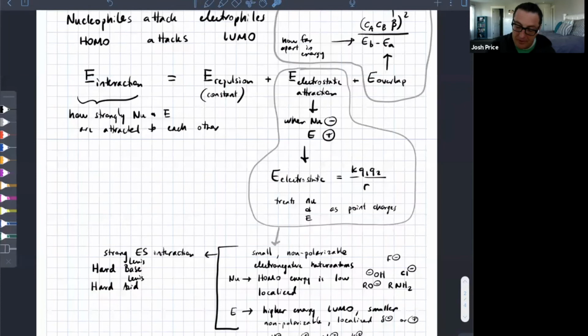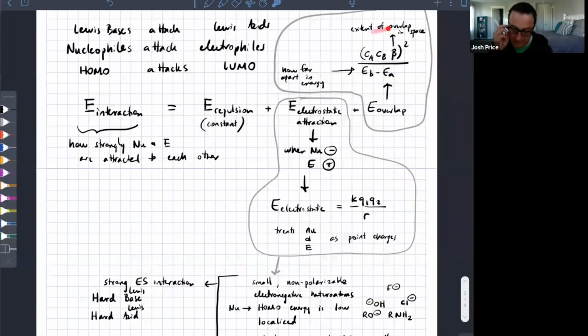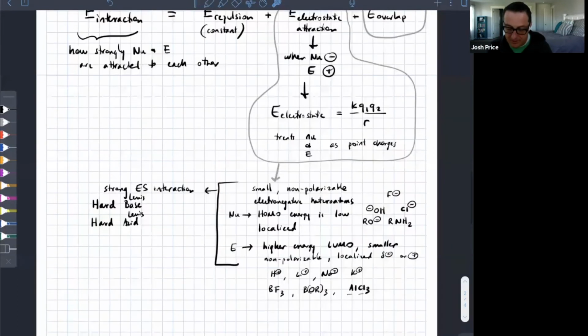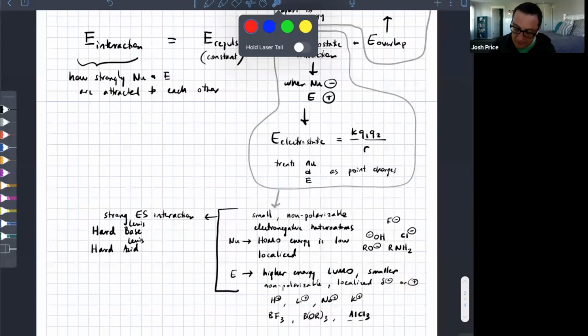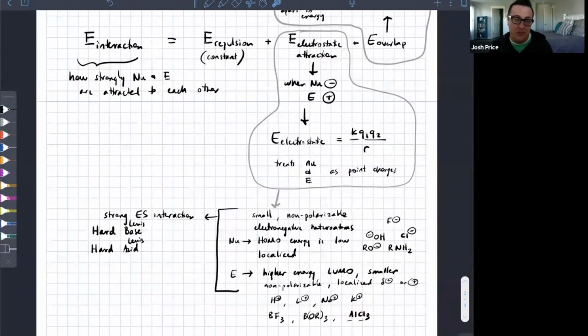You have a big number here in the denominator and probably a small number for beta, small extent of overlap in space because the charge is held on an atom that's electronegative and therefore close to the nucleus. So these electrophiles and nucleophiles, the only thing they've got going for them is the fact that they've got concentrated charges that are attracted to each other. Okay, questions about that? I kind of stumbled through that, but that's the gist.